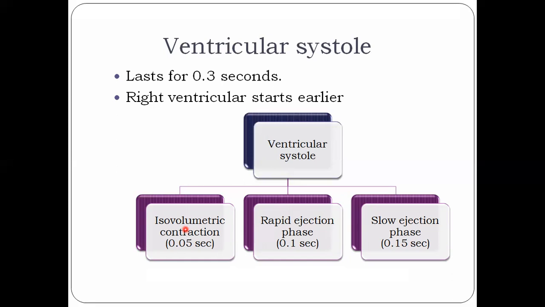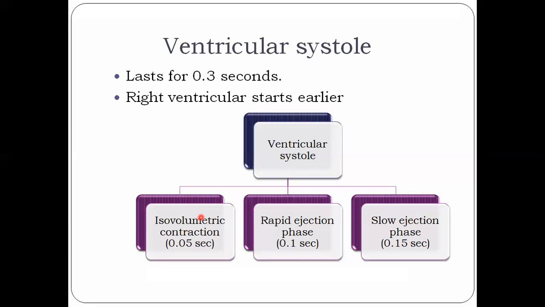Due to this increased pressure, the AV valves close. The AV valve closure causes the first heart sound, which is the lub. So the first heart sound occurs during the isovolumetric contraction phase. This is the point here.